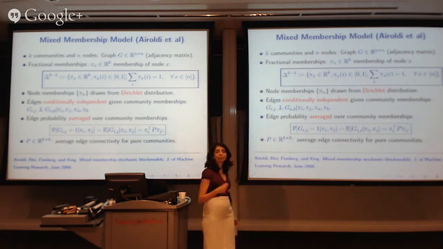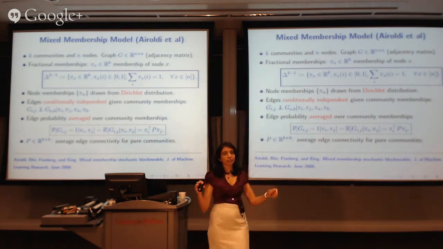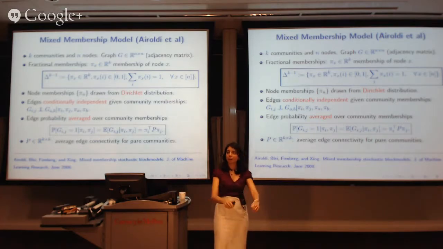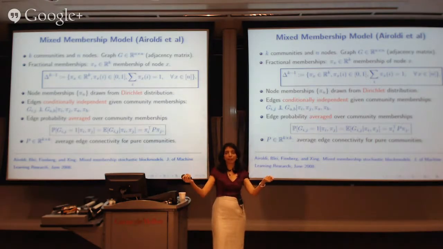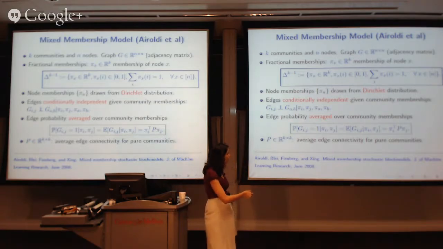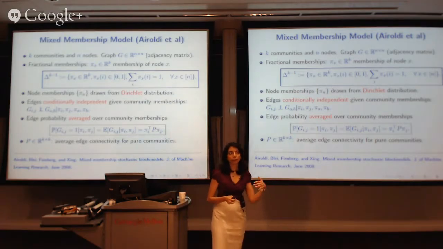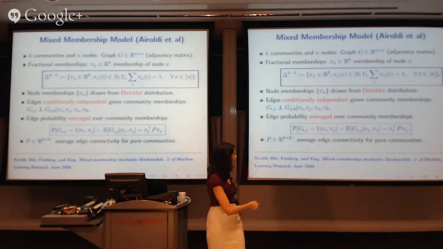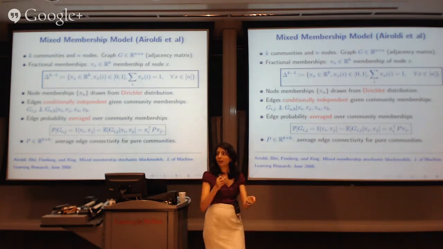So if these were just pure communities, where every node just belonged to one community, all this model is saying is that there is some underlying probability for connectivity across different communities. So the connectivity of a node is only determined by its community, and the probability of an edge is only determined by the community memberships of the two endpoints. And here what we are saying is if they are mixed membership, if the node belongs to multiple communities, think of it as an average over the support of the memberships of the two vectors.